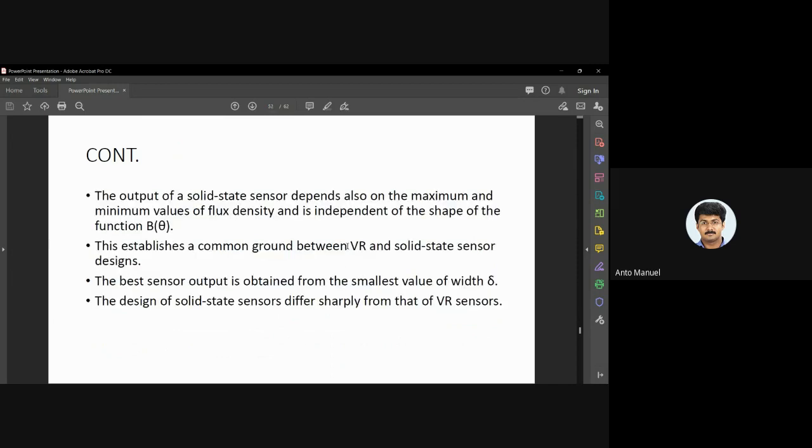These are the main parameters and the main considerations that we need for the design requirements of these kinds of solid state sensors.